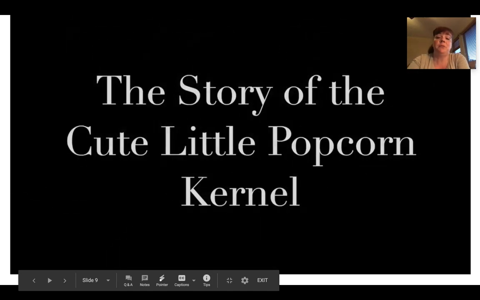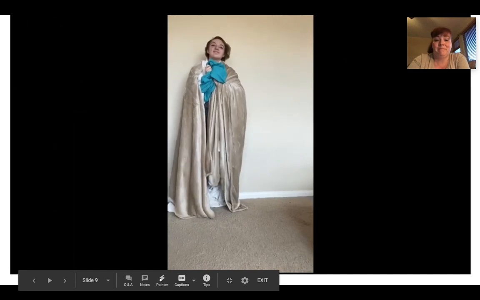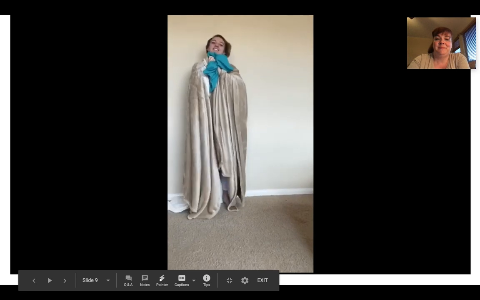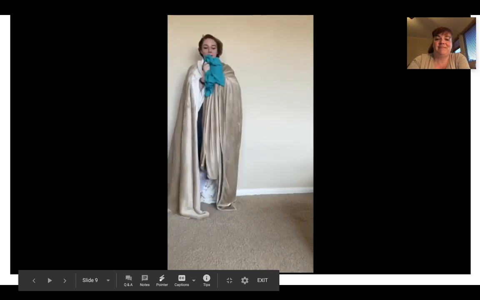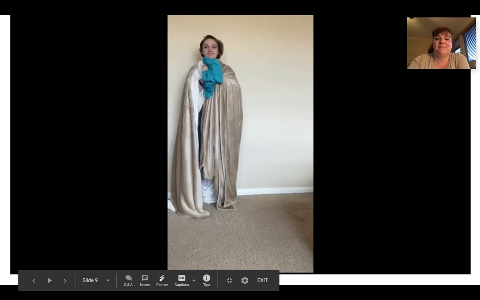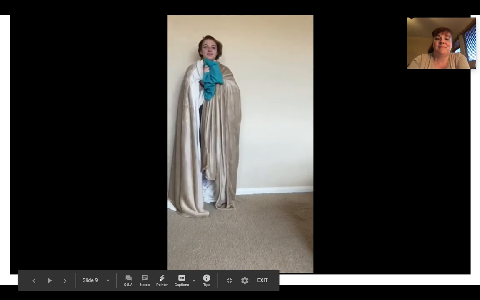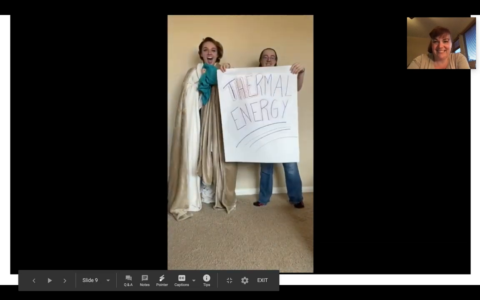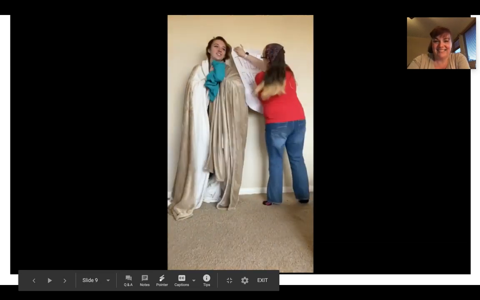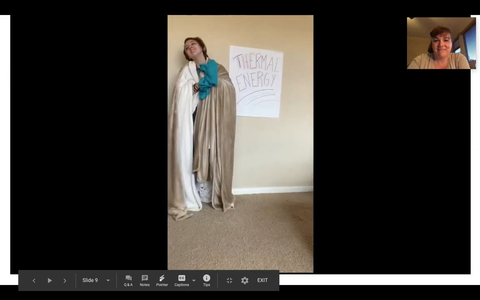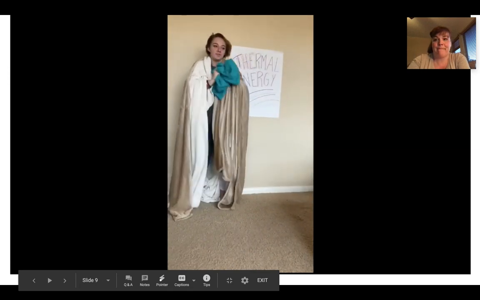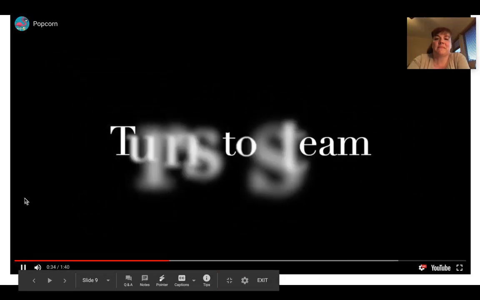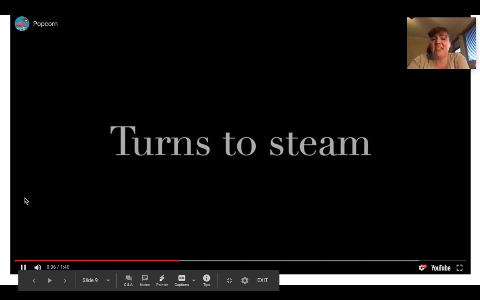The story of the cute little popcorn kernel. Here we have our cute little popcorn kernel. So cute. Inside the seed, there is a small amount of water molecules. Then our cute little popcorn kernel meets up with thermal energy. The thermal energy causes the water molecules to move faster until they turn to steam.